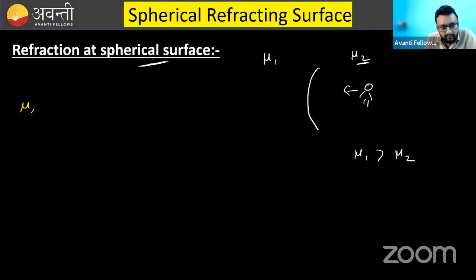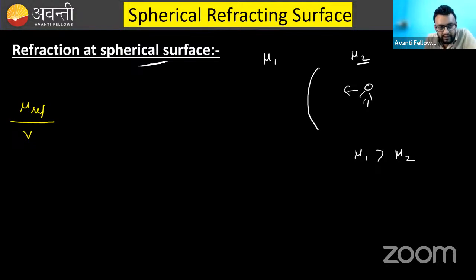Refraction medium divided by image distance. This is the way you should write it. I am not writing it in terms of mu1 and mu2. I am writing it in standard form.